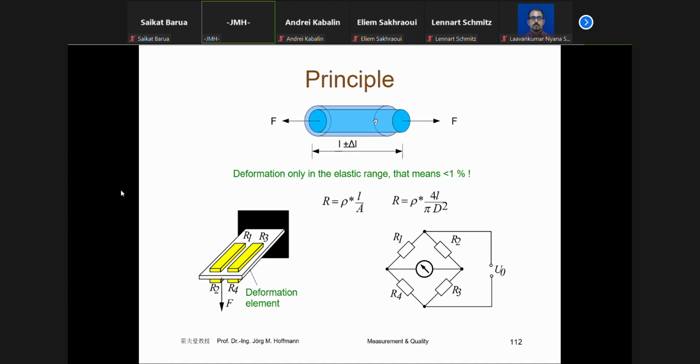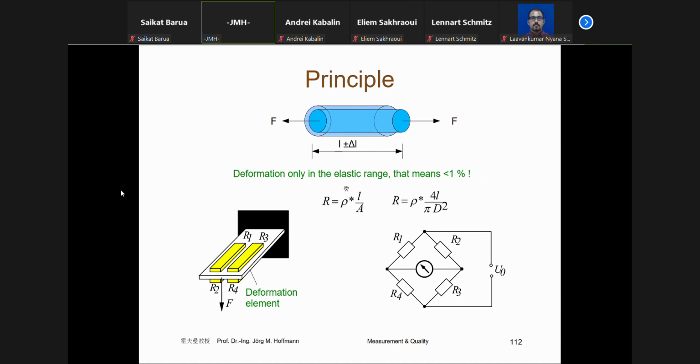You see here, the length will be longer and the area here will be smaller. Both lead to a higher resistance when you elongate, and when you compress, the resistance will be lower. The problem is the specific resistance, because the specific resistance is temperature dependent.